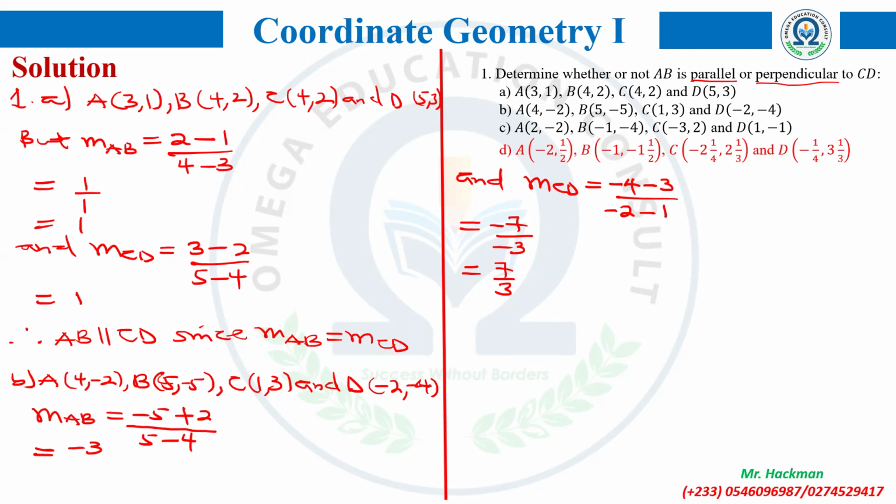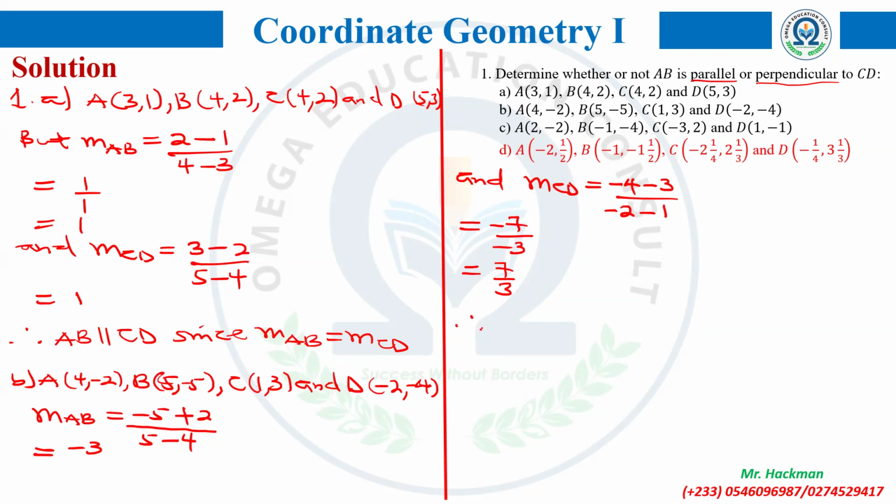My point well made. So again, the lines are not perpendicular. It means MAB is not parallel to MCD, and MAB is not perpendicular to MCD. So that's what we are going to write.